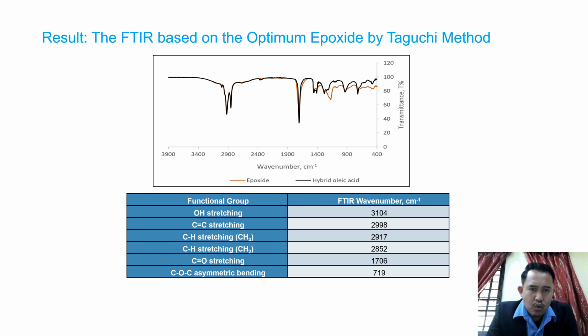And the C double bond O stretching at 1706 indicates the group of the polyol. And the C double bond C is a group of the epoxide.